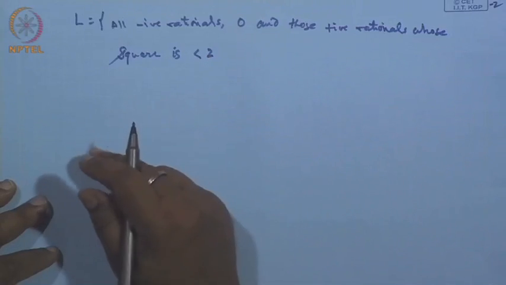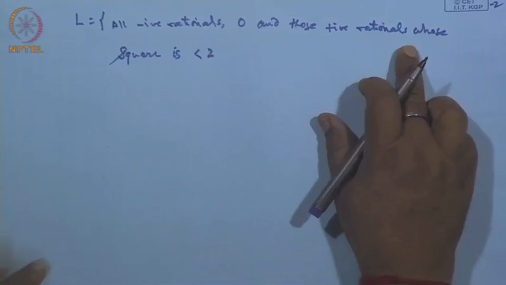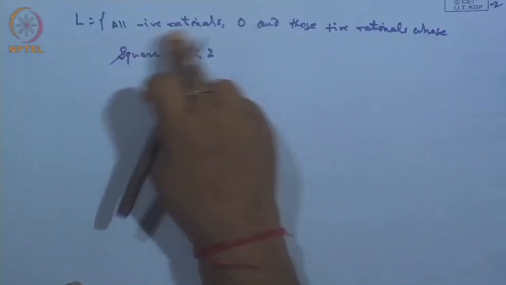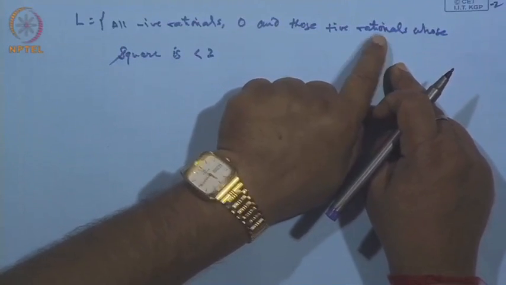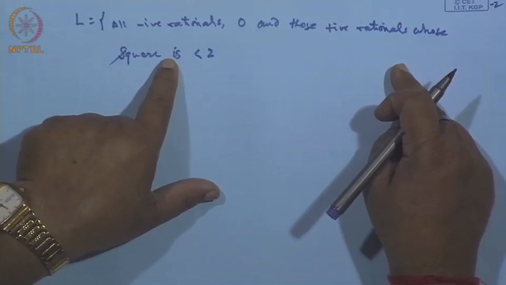The property I am putting here, I am adding all negative rationals and 0, but the property is basically those positive rational numbers whose square is less than 2, clear.